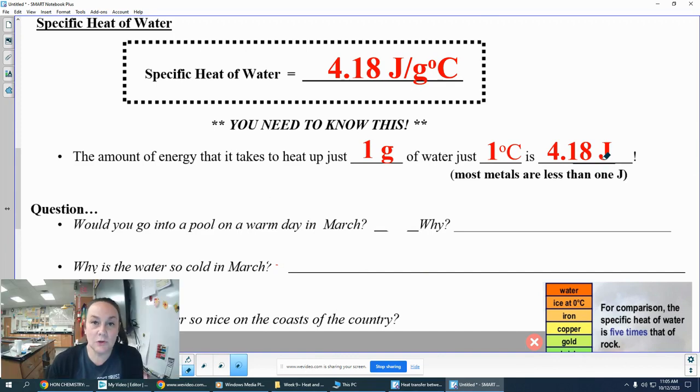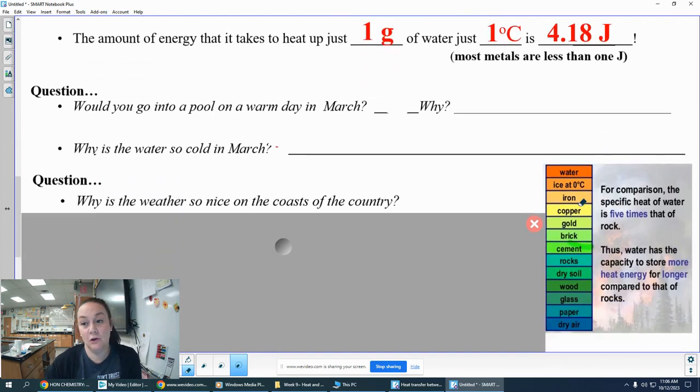So 2 real world examples of that big number is, let's say it was a nice cold winter, and in March, let's say we hit a day that's 75 degrees Fahrenheit. Would you run and go jump into a pool, an in-ground pool? Absolutely not. Just because the air has heated up, that doesn't mean that the water in the ground has heated up at all. If you take a look on this little side on your page here, you can see I gave you some relative specific heat capacities.